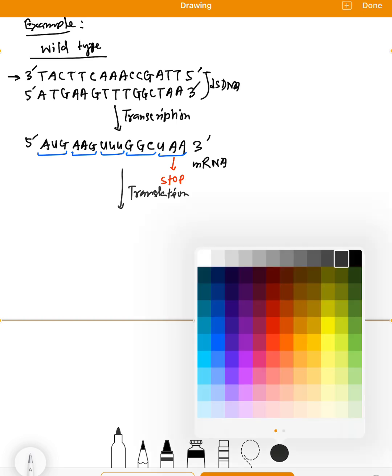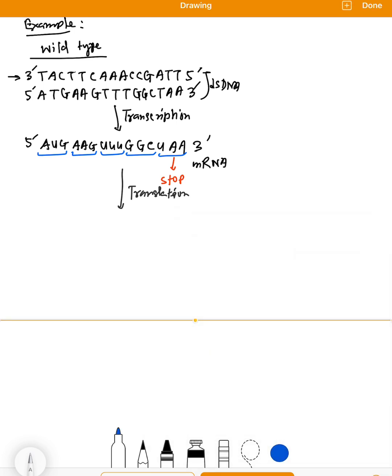In that protein, different amino acids will be there. The first codon AUG will code for the amino acid methionine. The second codon AAZ will code for the second amino acid, lysine. The third codon UUU will code for phenylalanine. The fourth codon, ZZC, will code for glycine.